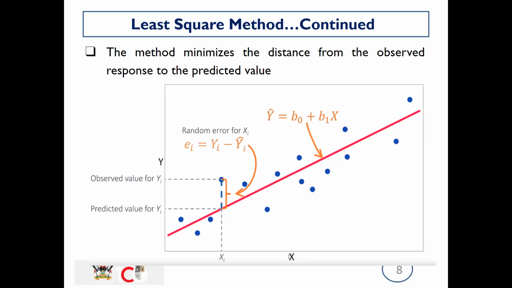One of the tricks that I used is finding the average of y, which is our dependent, and the average of x. Then you have our centroid, which is a point here in the middle. So we keep on drawing lines that pass through the centroid until we find the baseline of it, which is the line which minimizes the distance from the observed response to the predicted value.